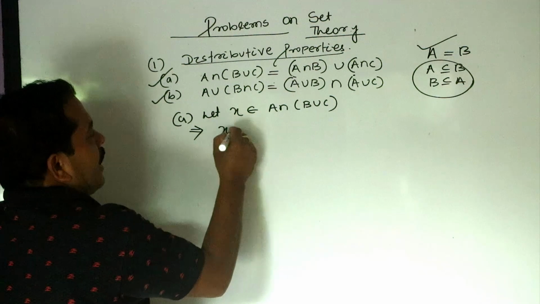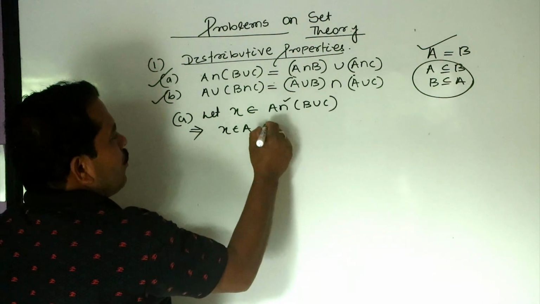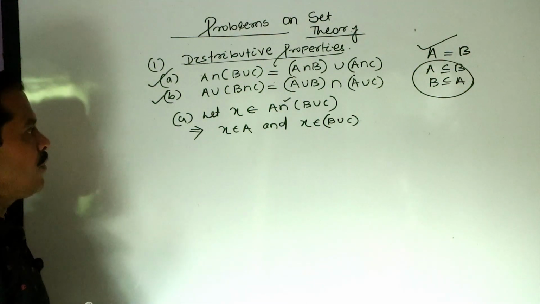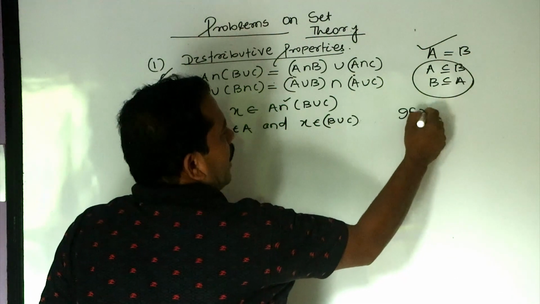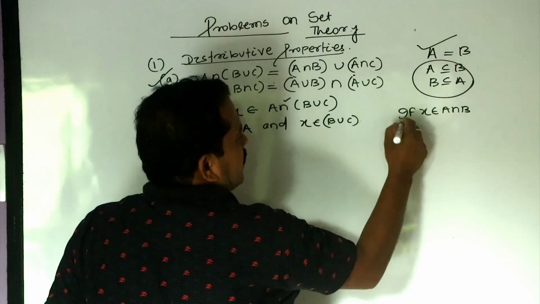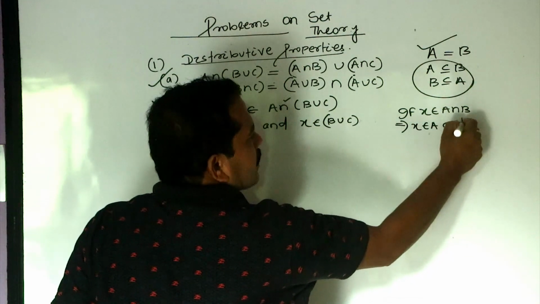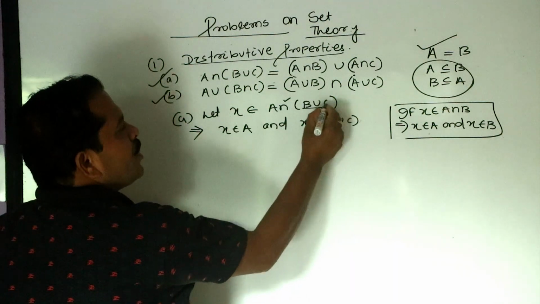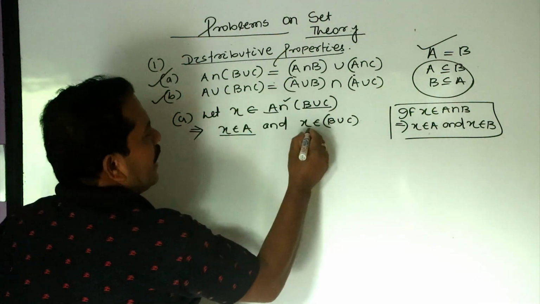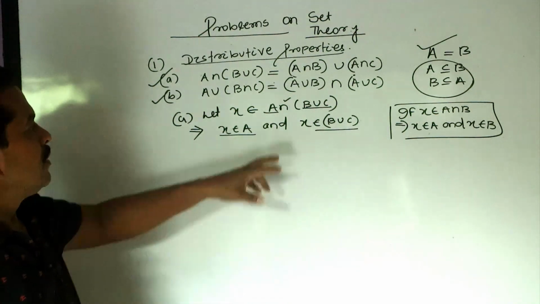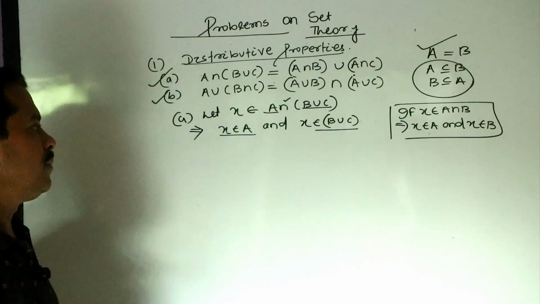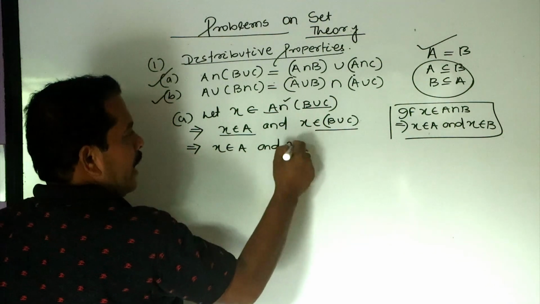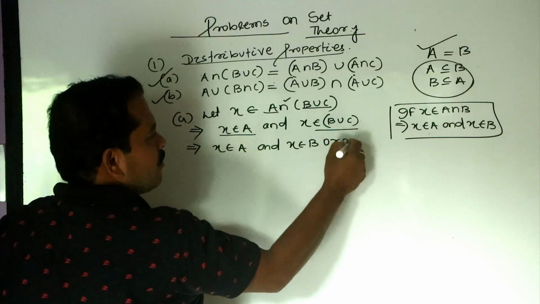Then this implies x belongs to A. For intersection we use the word and: x belongs to B union C. If x belongs to A intersection B, we write x belongs to A and x belongs to B. By the same argument, if x belongs to A intersection (B union C), then x belongs to A and x belongs to B union C. This implies x belongs to A and (x belongs to B or x belongs to C).